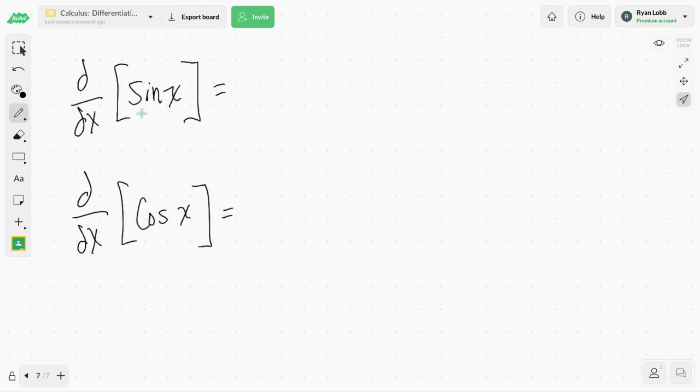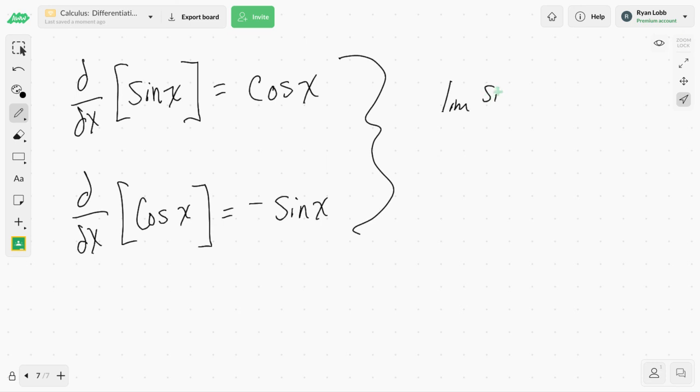All right, what's the derivative of sine? The derivative of sine is cosine of x. And the derivative of cosine of x is negative sine of x. Okay, so that is just two derivatives you've got to commit to memory, kind of like the one earlier that I said to note as a fact.